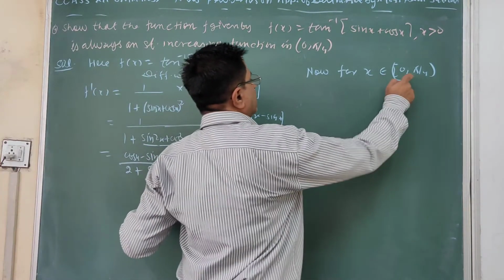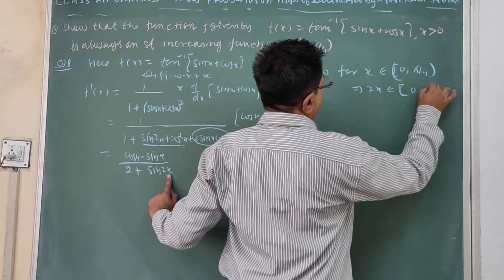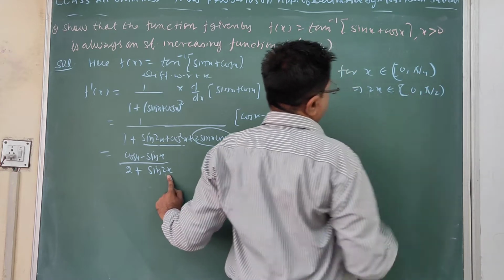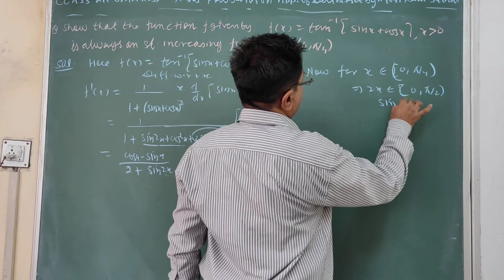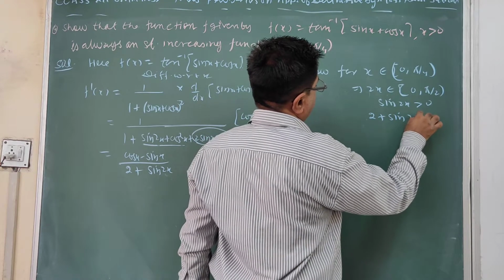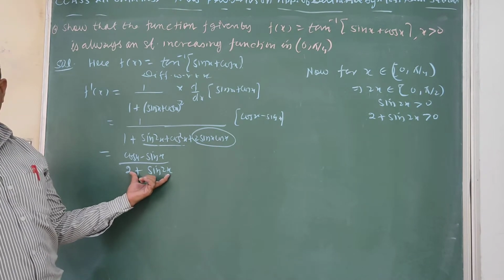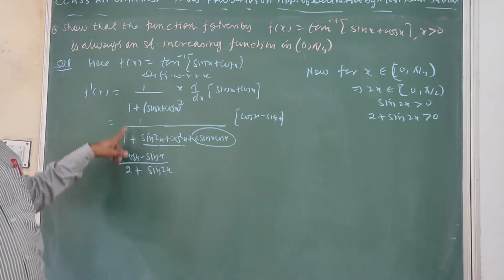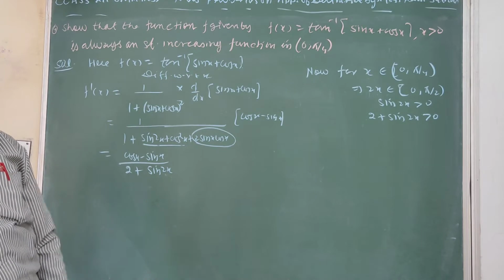If x lies in this quadrant, then 2x lies in 0 to pi by 2 if you multiply by 2, which means first quadrant. So this is also positive. So you can say sine 2x is greater than 0, then the sum of 2 and sine 2x is also positive. So the denominator is positive. Clear?